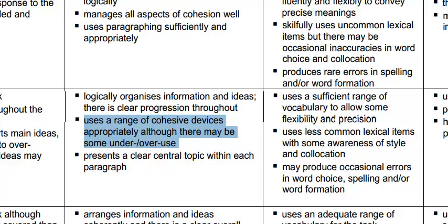However, you still may be overusing or perhaps underusing, mostly it's overusing, discourse markers in particular too much, instead of using other cohesive devices such as pronouns or lexical ways of creating cohesion.